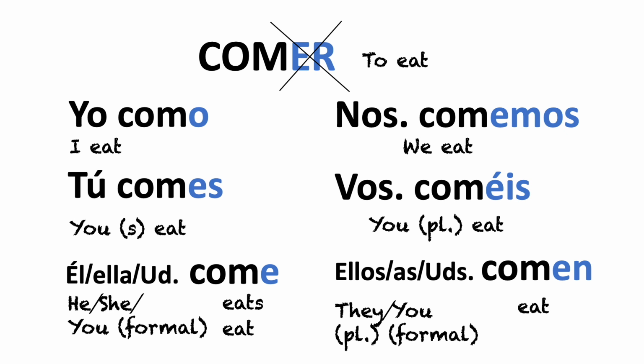Él, ella, usted come. He, she eats, or you formal eat. Nosotros comemos, we eat. Vosotros coméis, you plural eat. Ellos, ellas, ustedes comen. They, you plural, formal, eat.